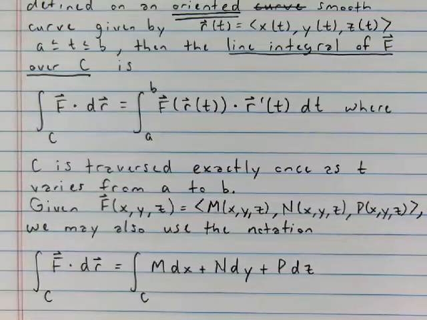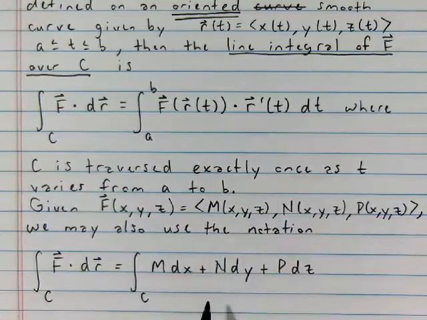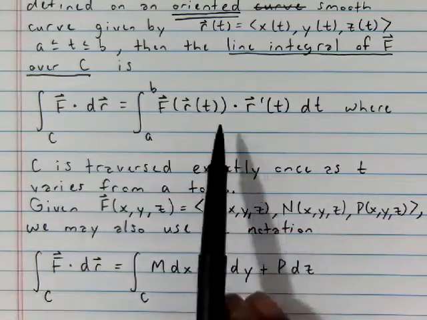A lot of problems will be written in this form. So you have to know that when you're doing this, you're doing that exact same thing that's right there. So we'll look at some problems this way and that way.